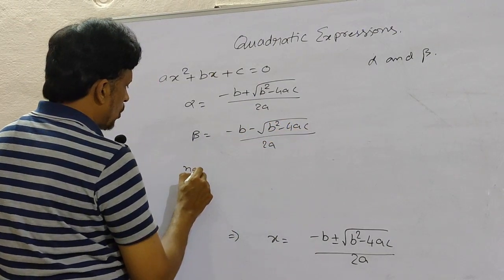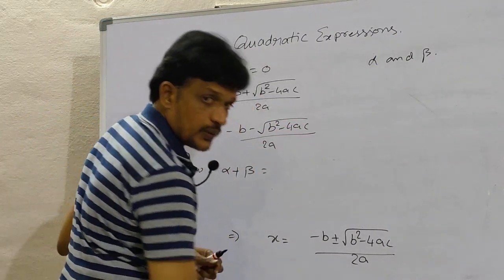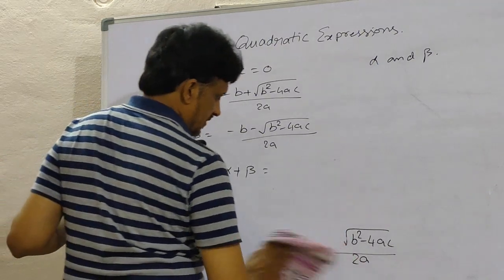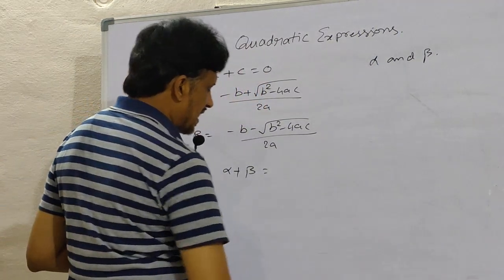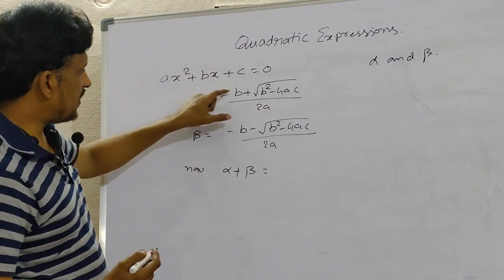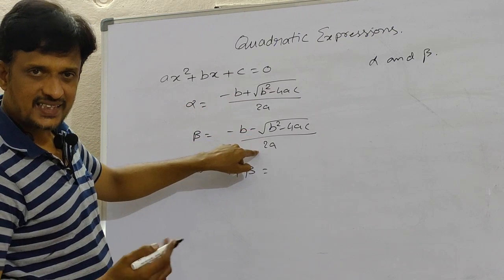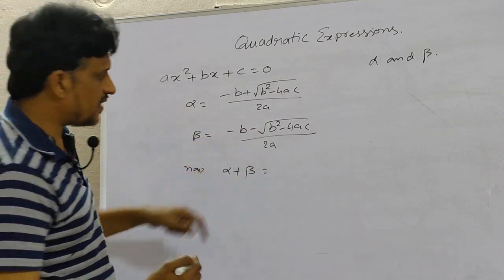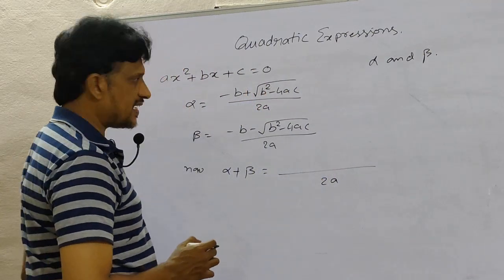And now what is the sum of the two roots? So here I am going to calculate the sum of the two roots. Alpha and beta are the two roots. So the sum is denoted by alpha plus beta, means now you are adding the two fractions. The two denominators are equal, so 2a is the common denominator, that will be the LCM.